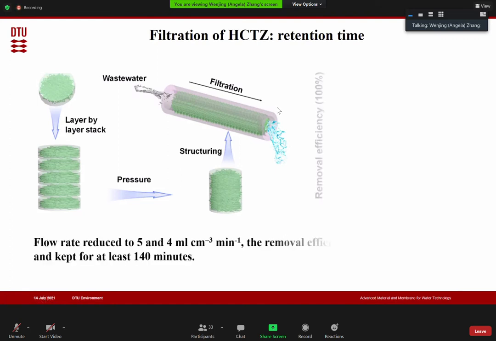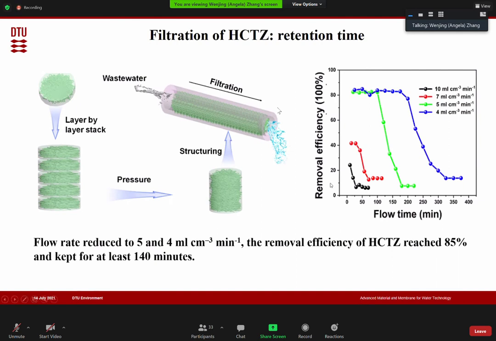The result we found is that the removal efficiency is very much related to the retention time. So when we have a quite fast flow rate of the water, the removal efficiency is rather low.